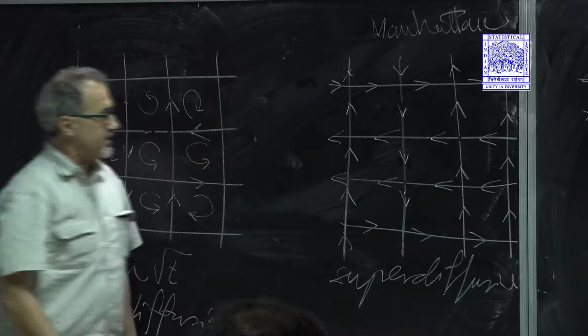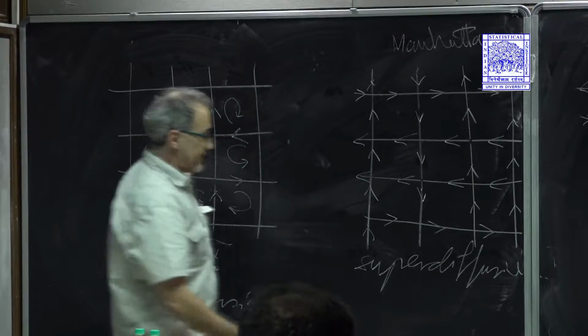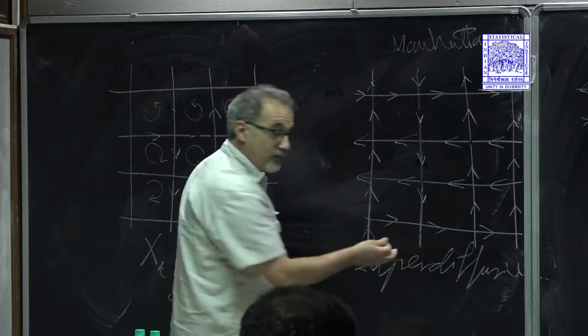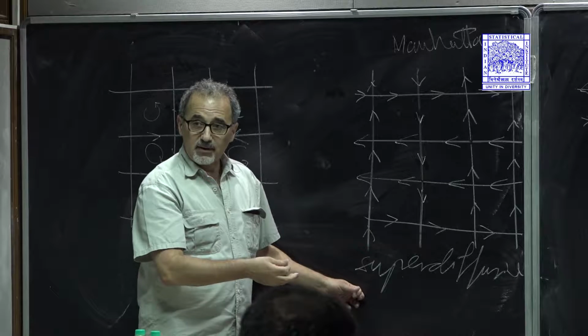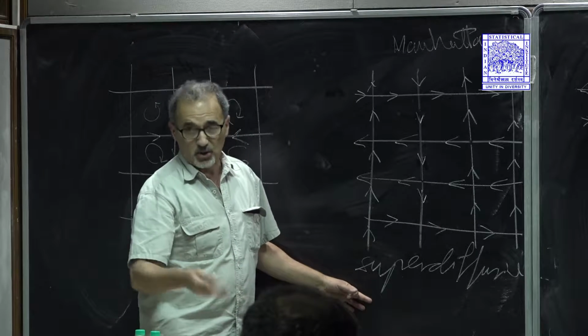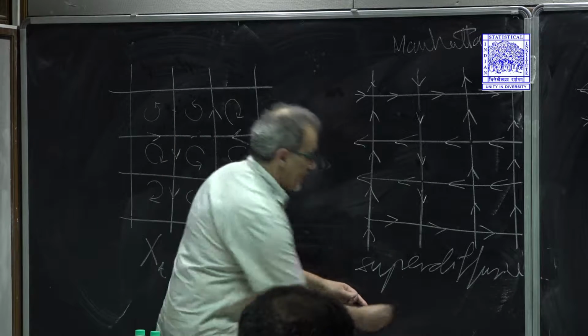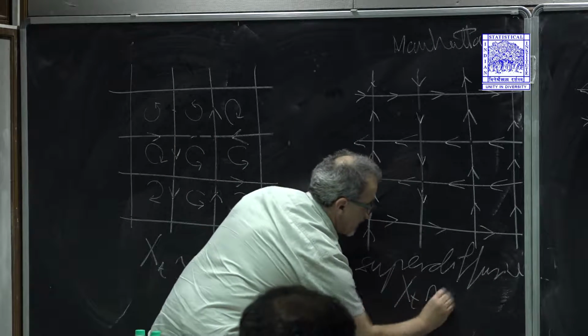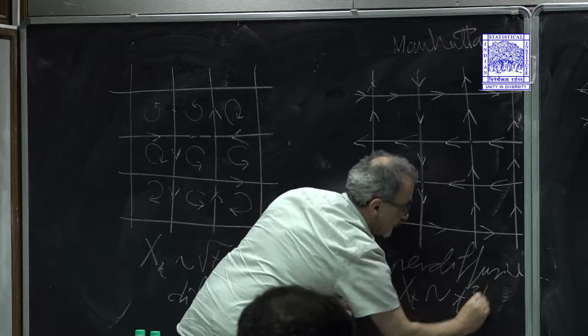And quite robustly super diffusive. What I'm saying now is not proved. It's conjectured, and there are good reasons to conjecture, some scaling argument, a physics argument, that xt must be of order t to the 2/3.